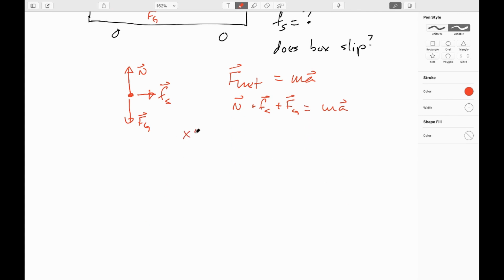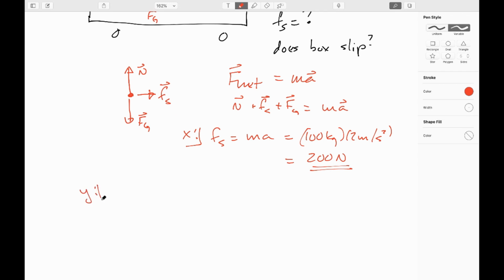So the x component is just going to be Fs, and that's equal to ma. And that's literally it. So 100 kilograms times 2 meters per second squared. The force is 200 newtons. And we know it's to the right. We already drew that in.